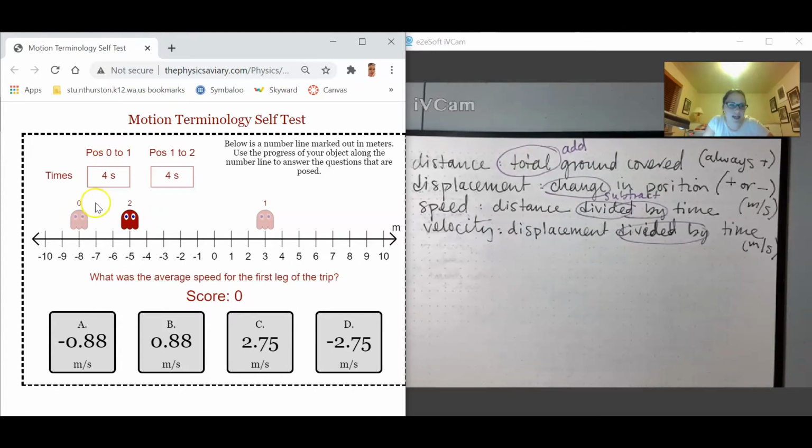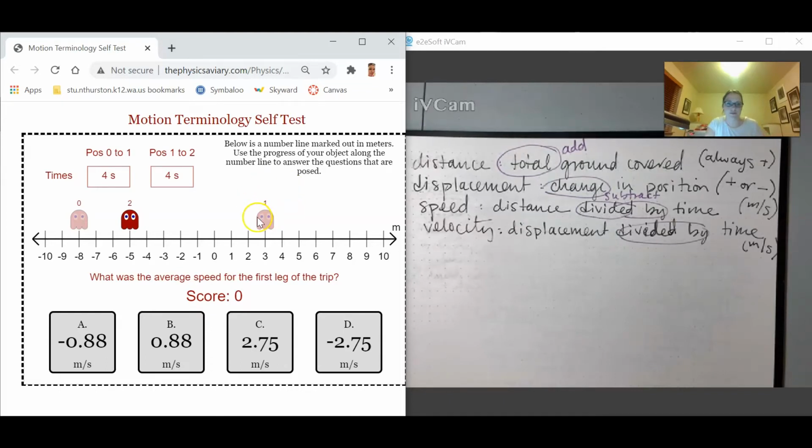So let me analyze what this screen says. First, it says from position 0 to position 1, the time is 4 seconds. So if I go down and look on my number line, here's position 0 at -8. You watched it, rewind if you're not sure. My ghost went all the way over here, and it took 4 seconds for it to do that trip.